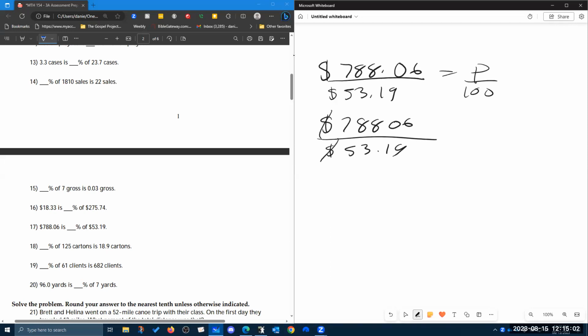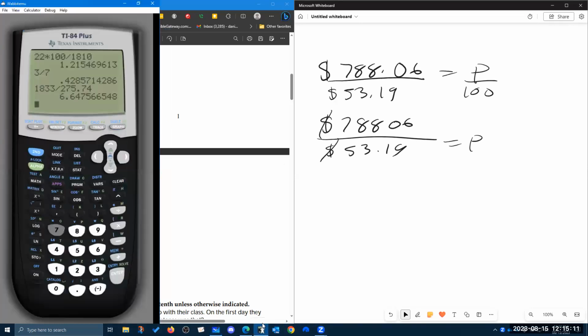I didn't show that in the last problem, but remember those units cancel. 78806 divided by 53.19 is 1481.6. That 9 rounds that 5 up to a 6.